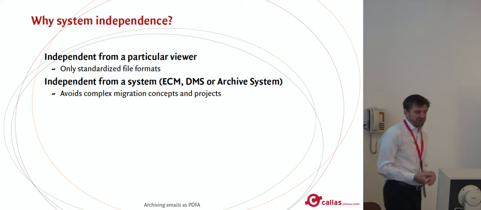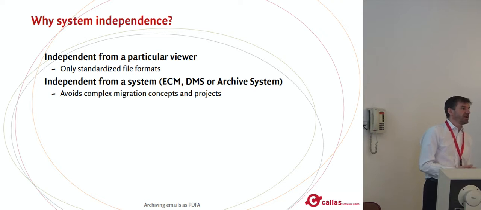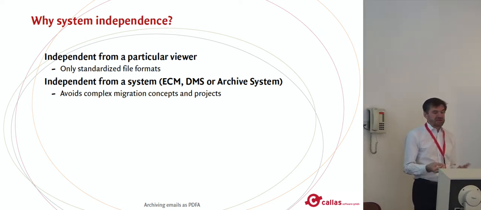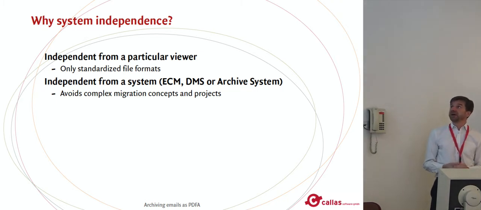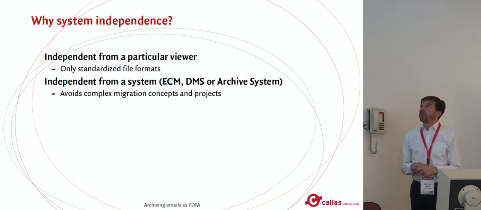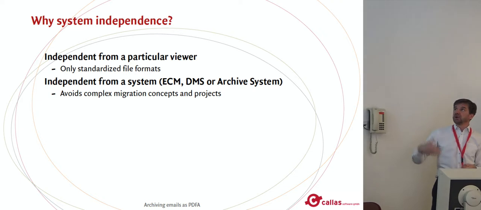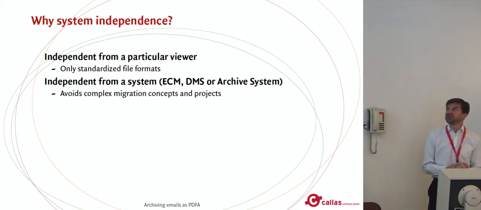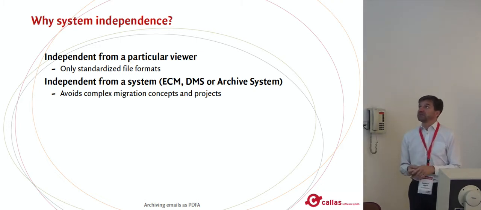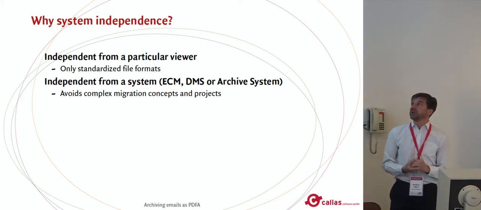So for the email file format, you want to be independent from an email client that we need to display the email. So we want to have only standardized file formats, an ISO standard or a standard where we can rely that there will be a viewer in the future, in, I don't know, 10 years from now, in the future operating system, for that particular file format.